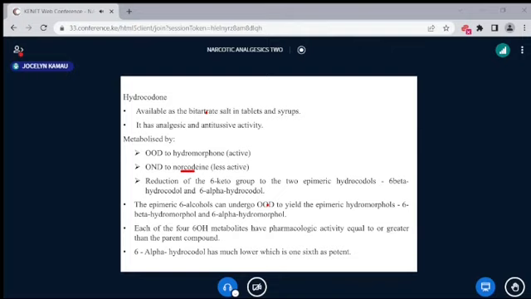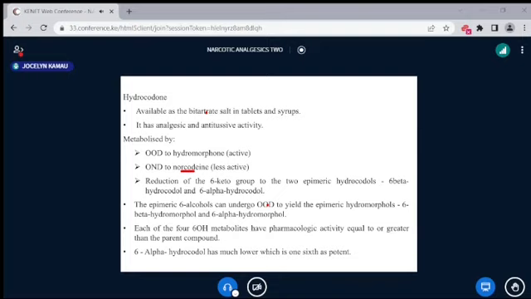and it's a hydromorphol because the ketone has been reduced to a hydroxyl group, and that hydroxyl group could have alpha or beta orientation.